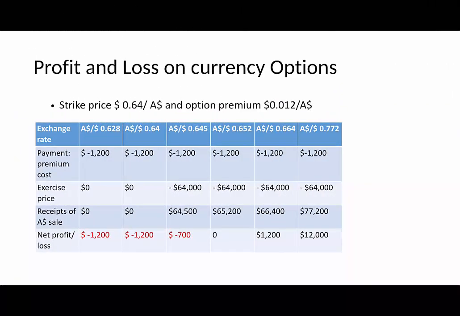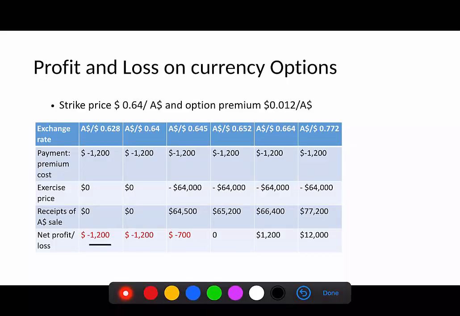Thus, in the first scenario, there is a loss of 1,200, because the premium is already paid. The person will not exercise, and obviously has done this much loss.